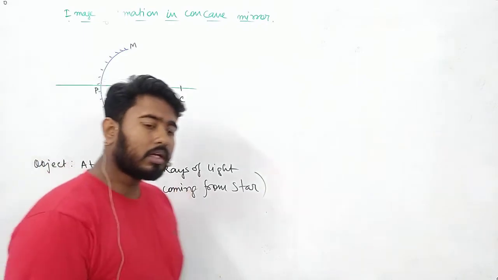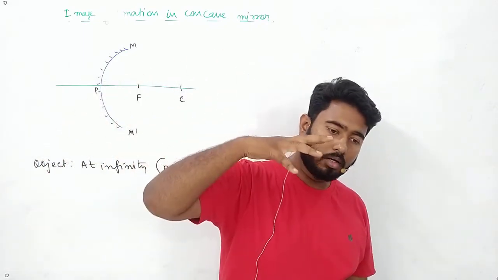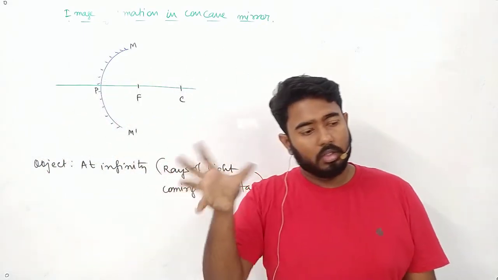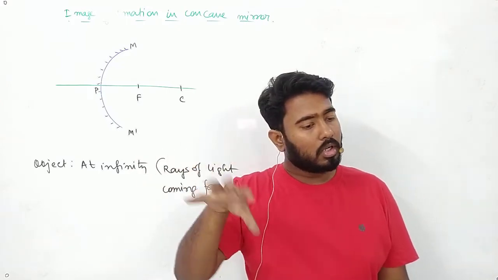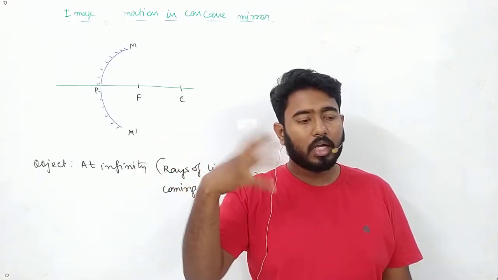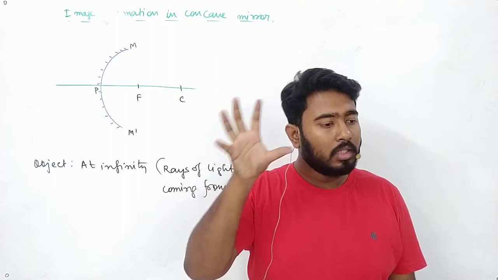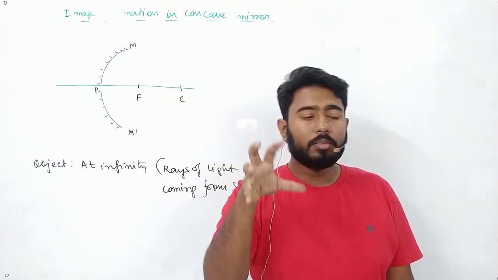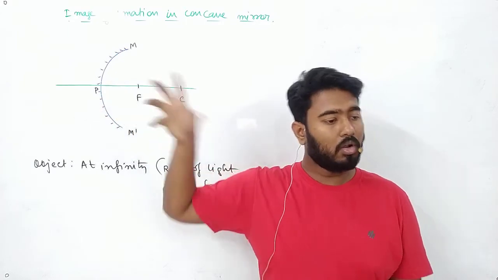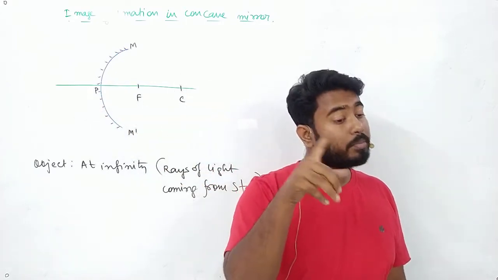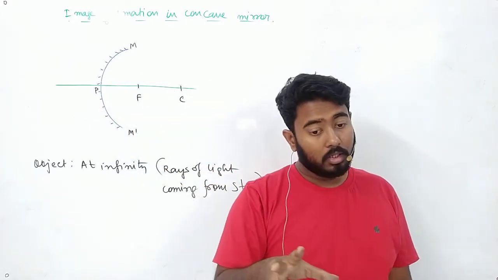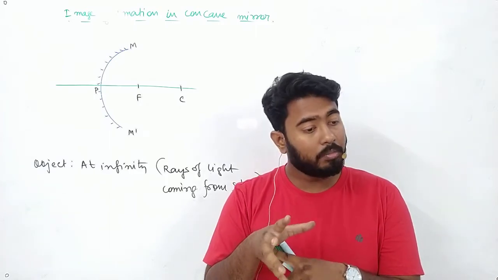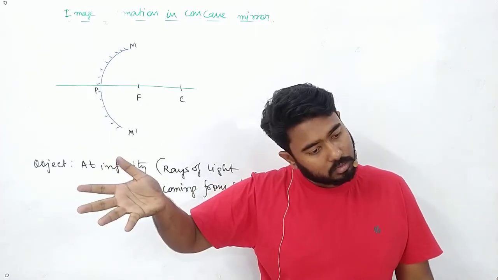Remember, whenever rays of light come from a star, in whichever direction you turn your concave mirror, the rays will always come parallel to the principal axis and fall on the mirror. If each ray is parallel to the principal axis, then they are also parallel to each other.